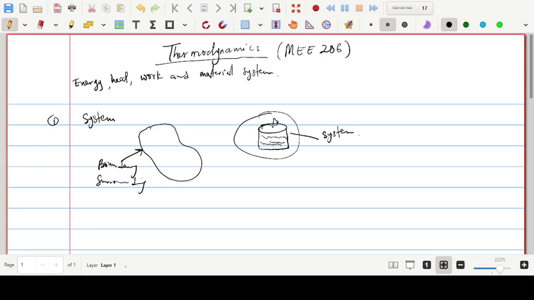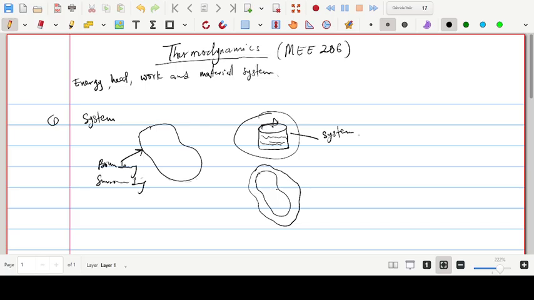So this one is the boundary. Not this one. This place like this is the boundary. So anything outside the system is regarded as surrounding. Okay, let me consider another thermodynamic system. In this case, I have something like this to make it more clear. So this is the thermodynamic system.